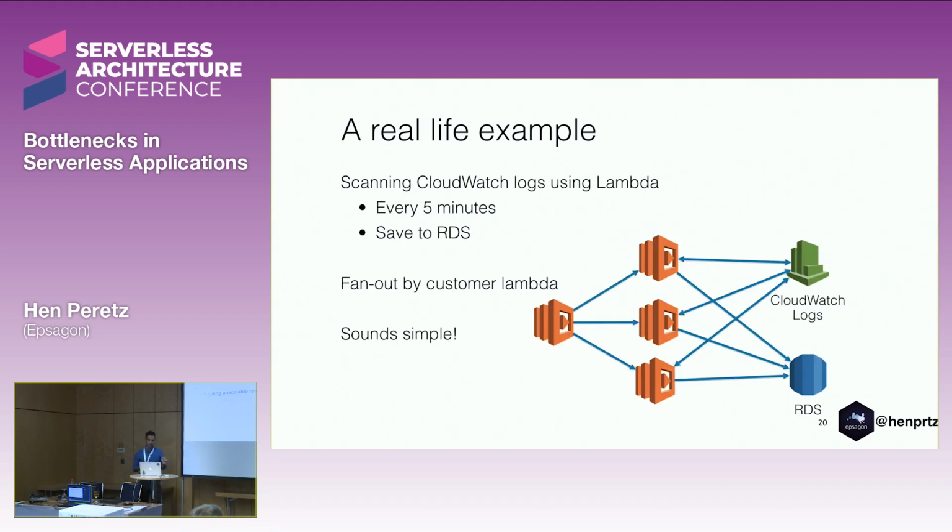I'm going to talk now about something that we had at Hexagon. At Hexagon, we monitor our customers' functions. When we started off, we built something very quick. It took us 2 days to build and less than a week to put in production. For each customer that we had, we invoked a Lambda that did list functions on all their functions.